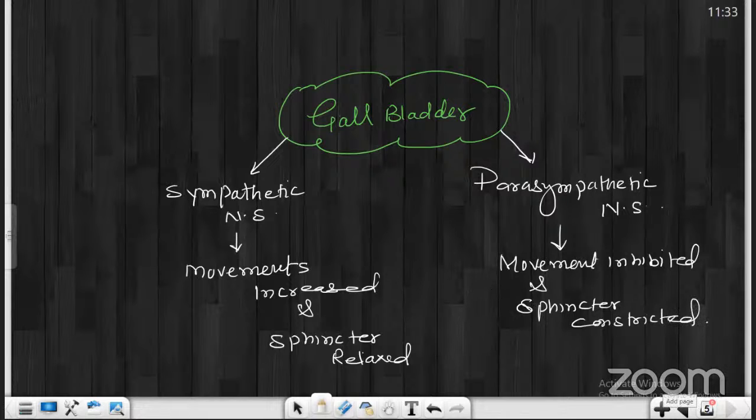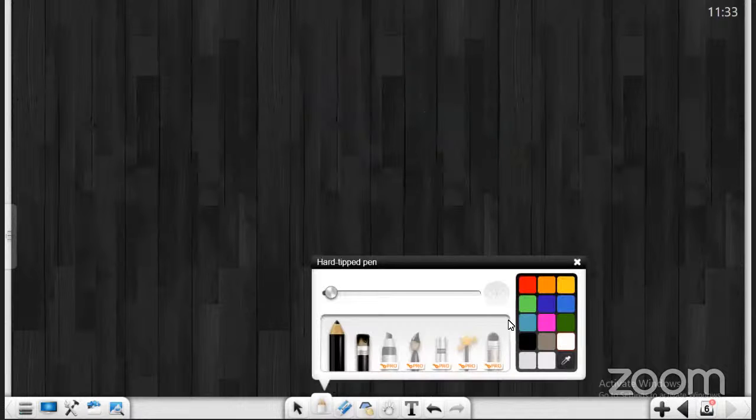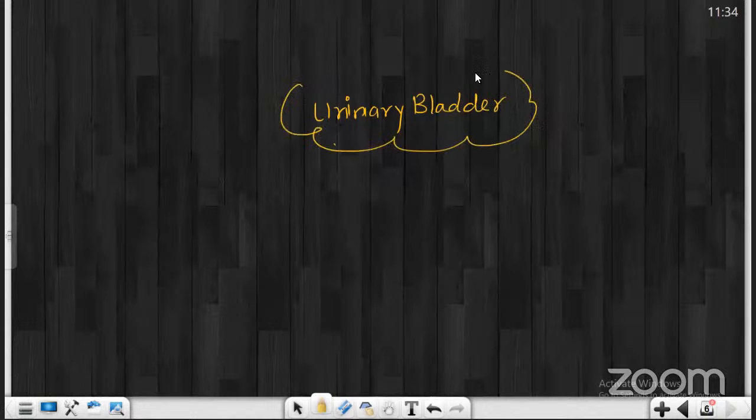So this is all about this case. Now moving to the next part, taking the example of the urinary bladder. What will be the effect on the urinary bladder? Considering this urinary bladder, which is very important, what is the function of urinary bladder? Sir, to release urine. No, not release. It stores.